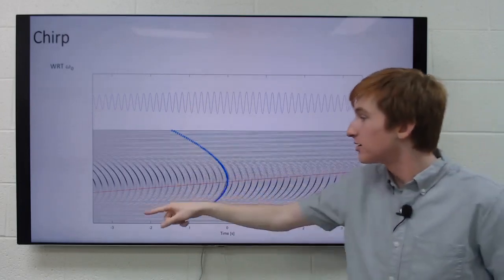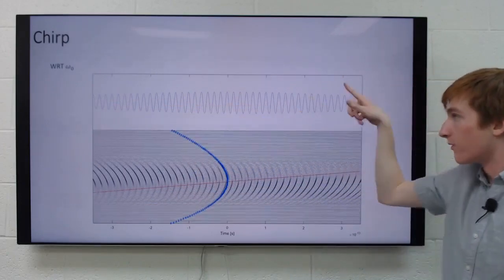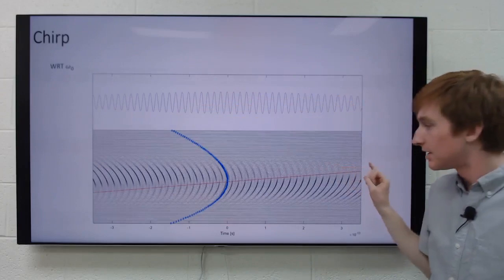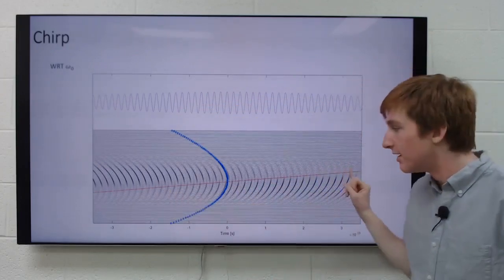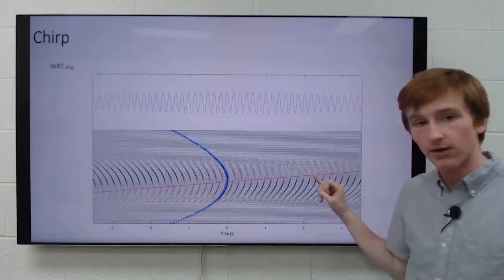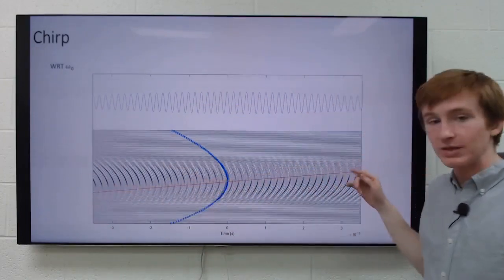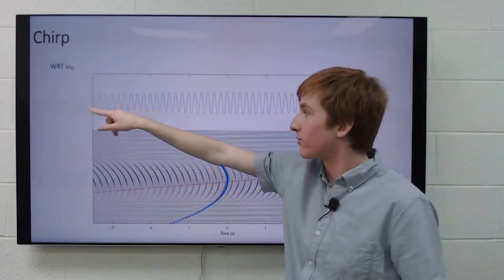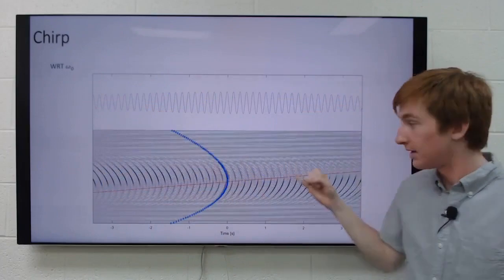And since this is linear, you'd expect this to go from high frequency linearly to a lower frequency. This is the straight line, and that's why they sometimes call this linear chirp, because the frequency in time is linear. You're going from, in this case, high frequency to low frequency linearly. So the pulse goes from high frequency to low frequency. Again, you can't really see it here, but it is there.